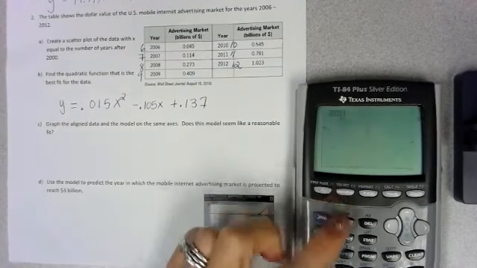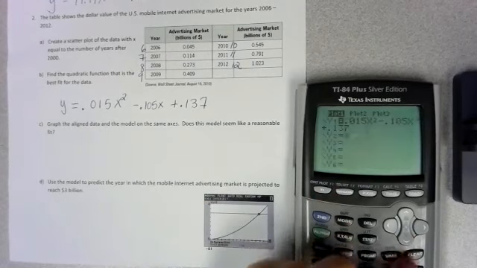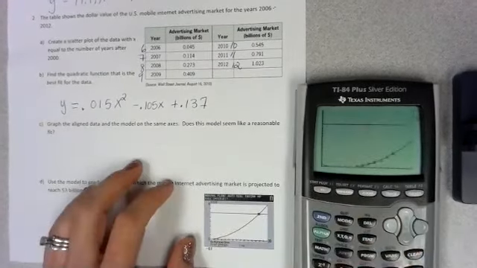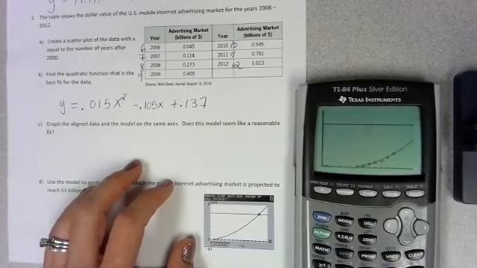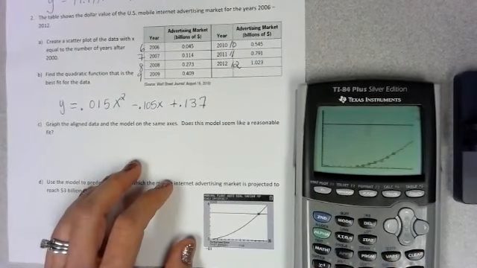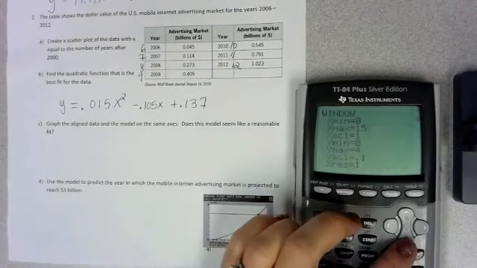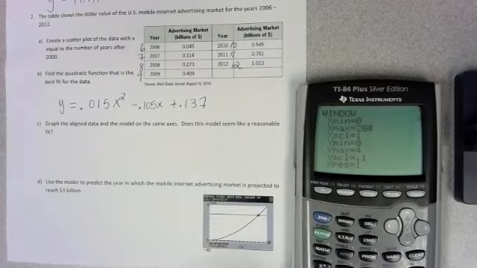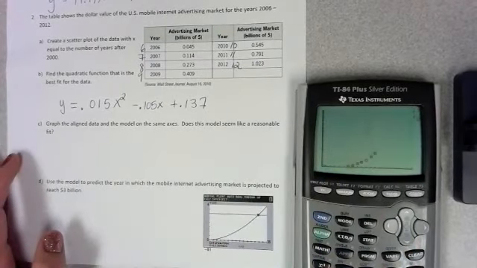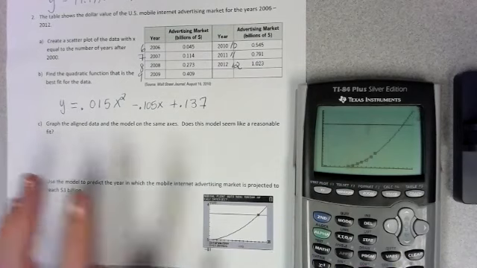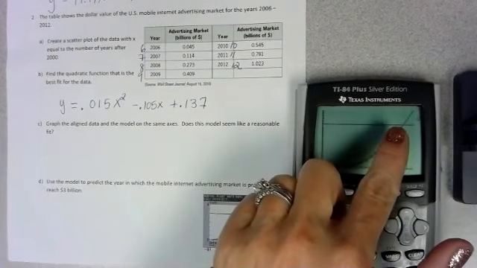So I'm going to add another equation here, which is just y equals 3. And you can see my window still is not good enough. I don't see where it's intersecting. So let me go ahead and take this up to 20. Now I can see an intersection point.